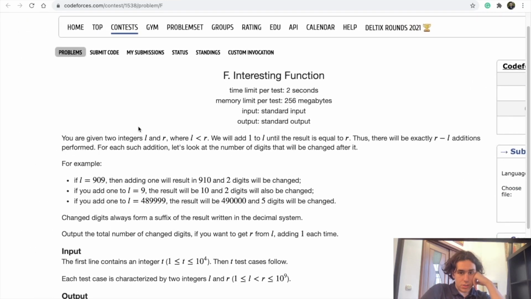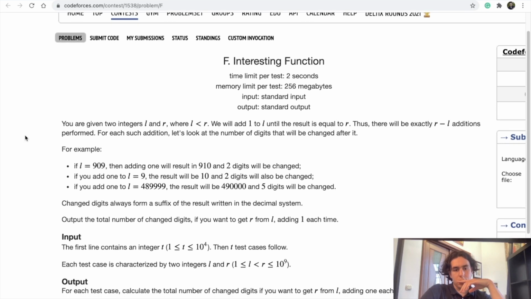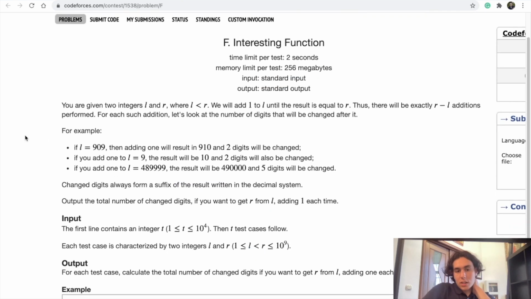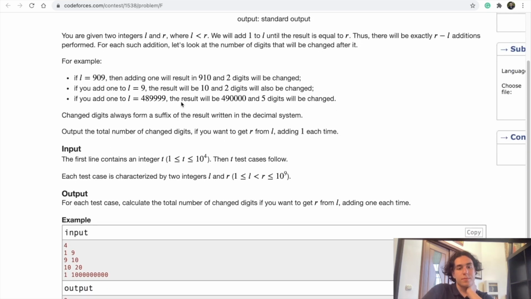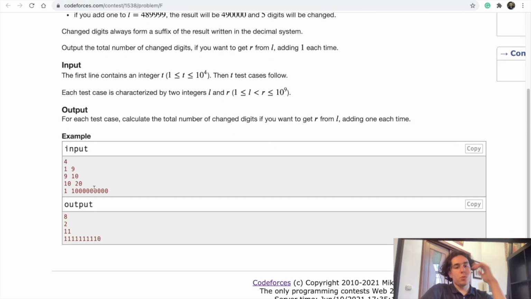Two integers, add 1 to L until the result is equal to R. For such addition, let's look at the number of digits that will be changed after that. Okay. Yeah, 2 digits, 5 digits, 10 digits if you want to get. So we go from 1 to 9. Yeah, makes sense.